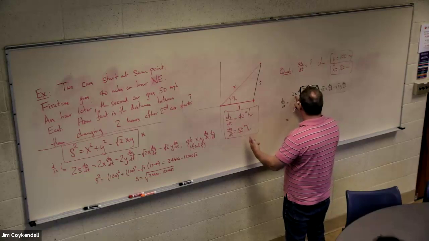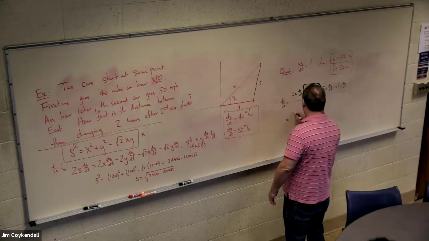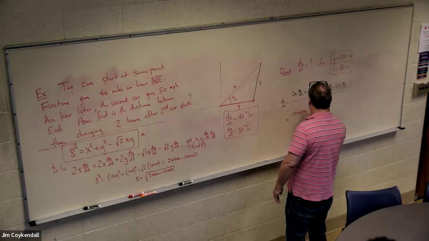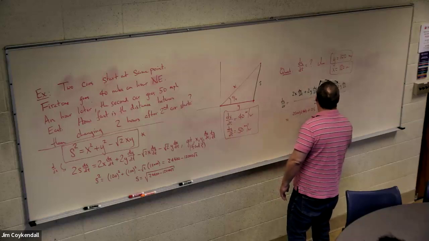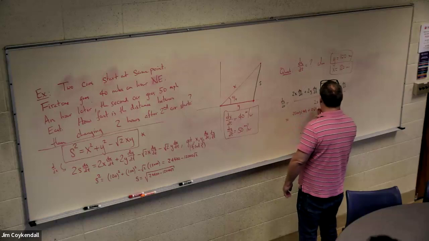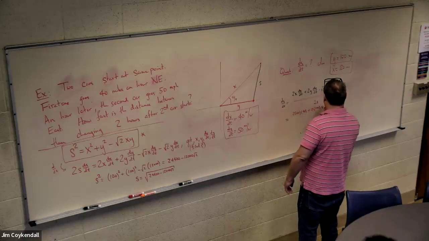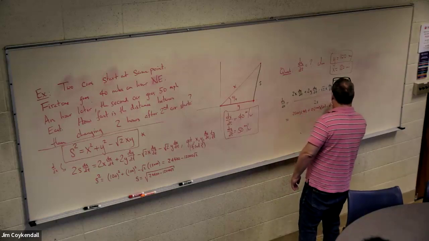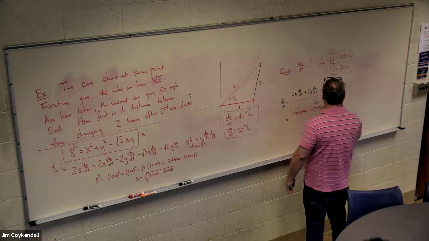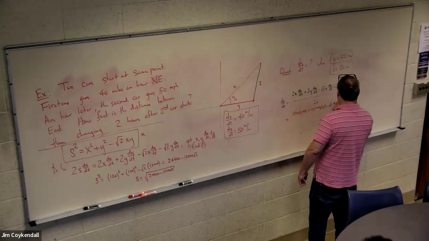you plug that stuff in here. This is 2 times 120, 240, plus 2 times 100, 50 minus radical 2, that's 40, that's 50.